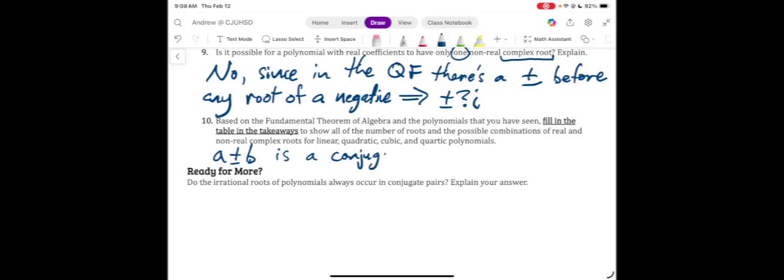And it's related to a word that means to be married. A and B are kind of married together. Actually, it would be a plus b and a minus b are married together. If you have an imaginary number, a plus or minus bi is a complex conjugate.